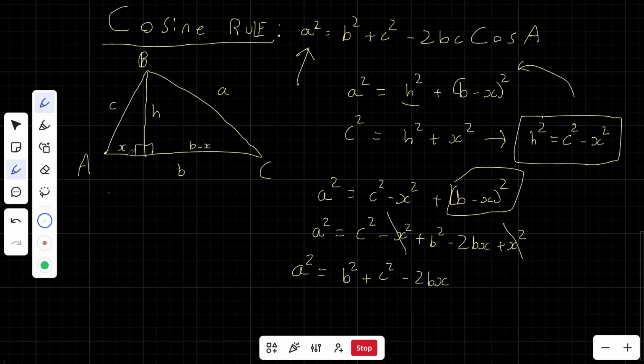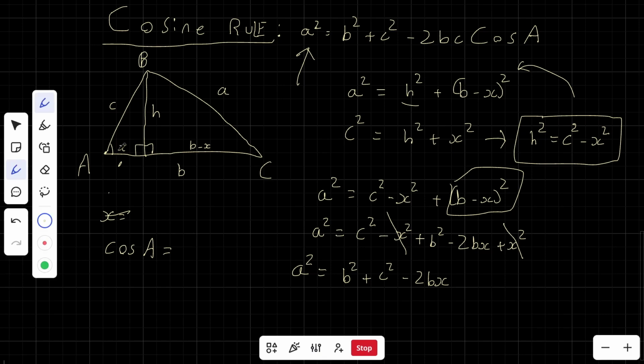So x is obviously this length here, but we're going to use SOHCAHTOA to find an equivalent expression for x. So if you notice, if we take the angle A, the cosine of the angle A is going to be equal to the adjacent over the hypotenuse because of SOHCAHTOA.